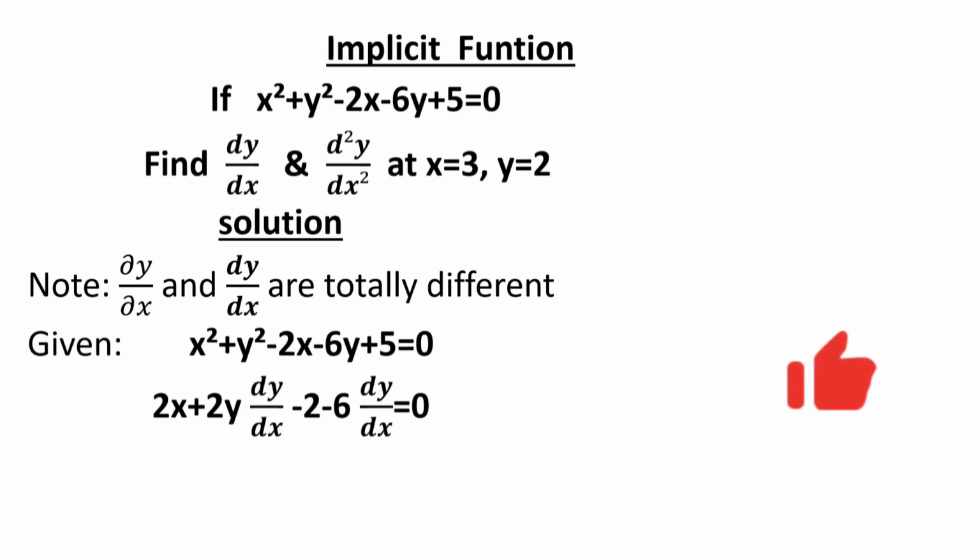Now we have already differentiated this x squared and this y squared. What about minus 2x? If I differentiate minus 2x the normal way, it gives us minus 2, because the power of this x is 1. If I use 1 to multiply minus 2, it still gives me minus 2.